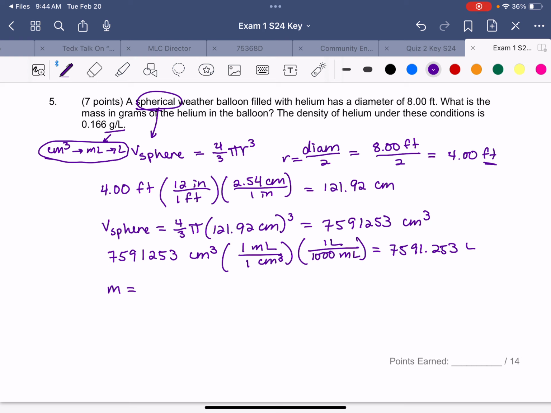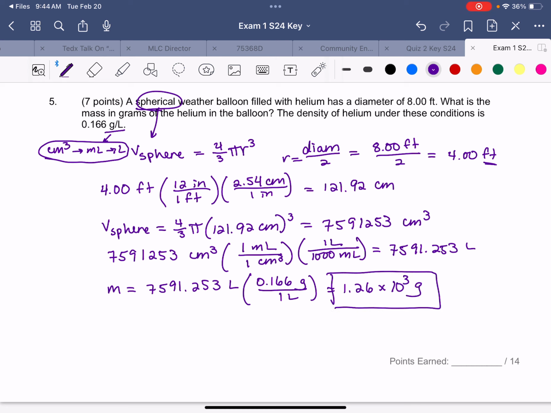So now I've got my mass. I know mass is going to be the density times the volume. So I've got my volume, 7591.253 liters, and I'm going to multiply by the density, 0.166 grams per 1 liter. And I get 1.26 times 10 to the third grams with 3 sig figs because that's how many I had in the problem. I had that from the diameter and from the density.